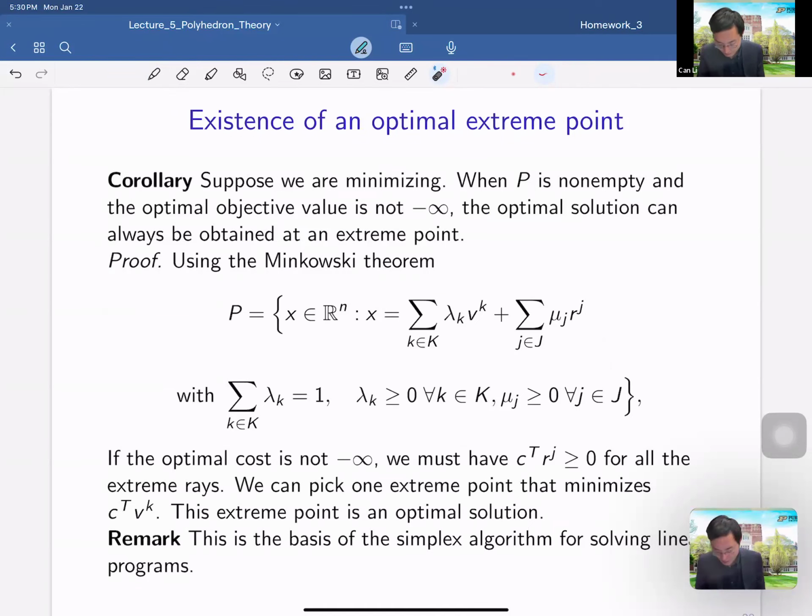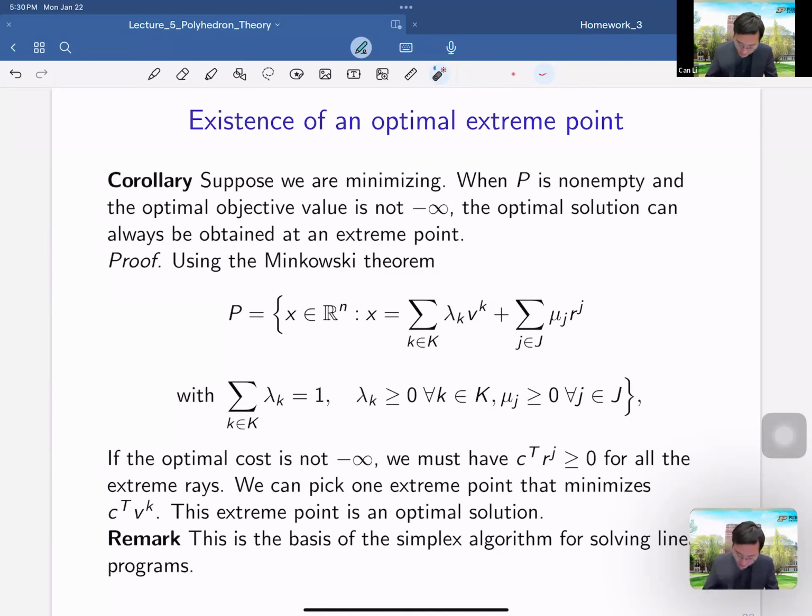And we can also talk about another corollary, which is fundamental for developing the simplex algorithm. It says that if we are minimizing and this polyhedral set is non-empty and the optimal objective value is not negative infinity, then the optimal solution can always be obtained at an extreme point. Why is that the case?